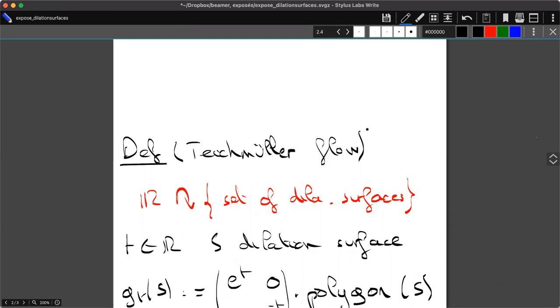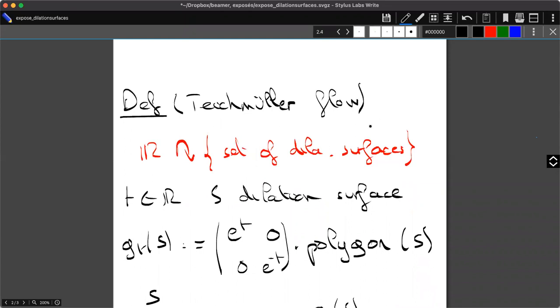From what I understood, you're more from the dynamical world, so this is actually the counterpart of the renormalization, the Rauzy–Veech induction. I don't know if you know it, but this is the geometric side of the Rauzy–Veech induction. So it's the Rauzy–Veech induction, but on the set of dilation surfaces.